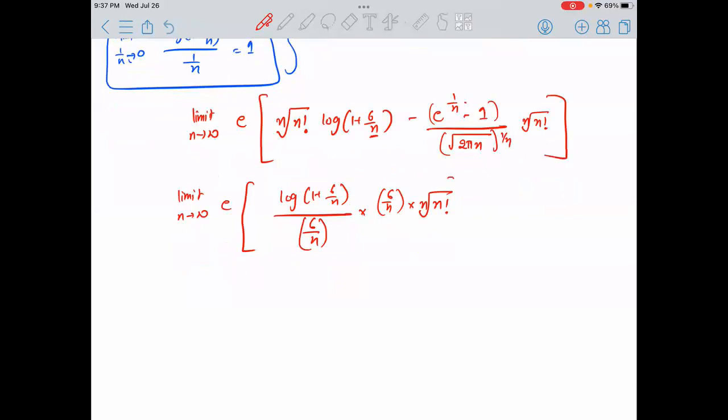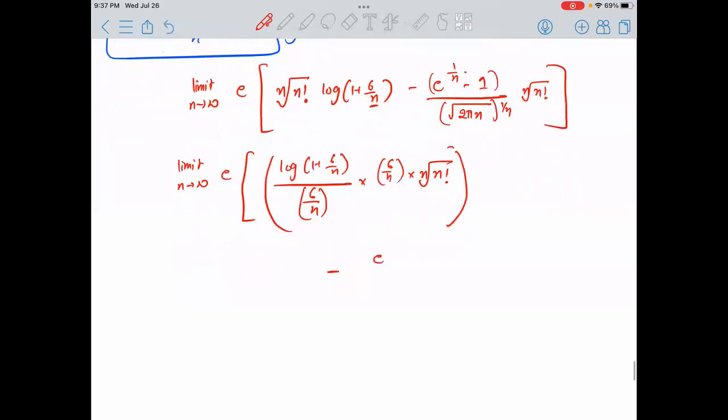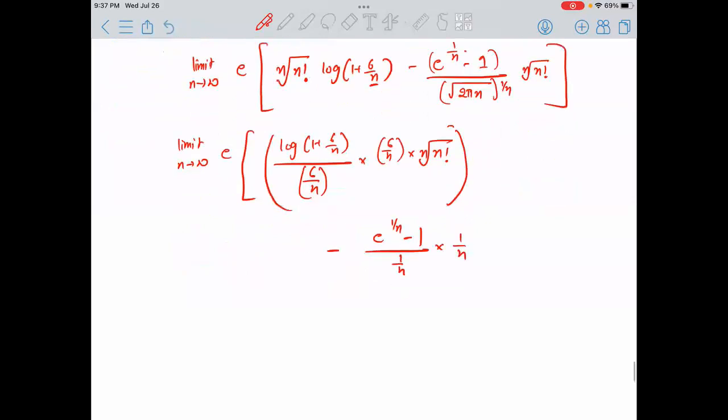This is one part. Then the next part is e power 1 by n minus 1. What is missing? 1 by n is missing, 1 by n into 1 by n. Divided by root 2 pi n whole power 1 by n.